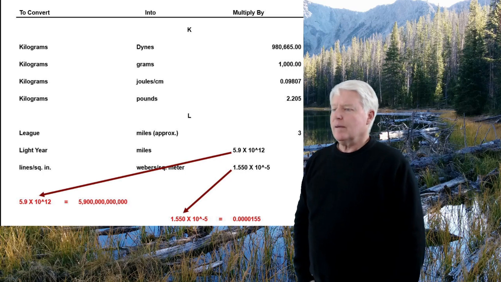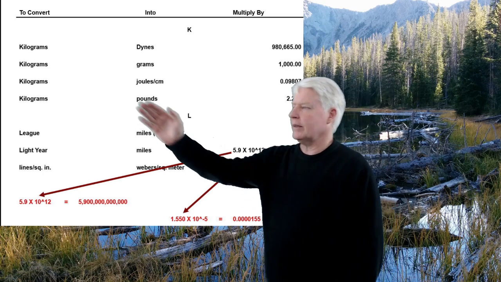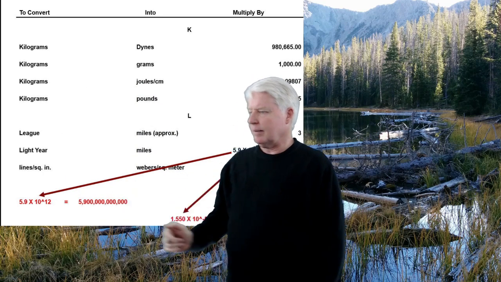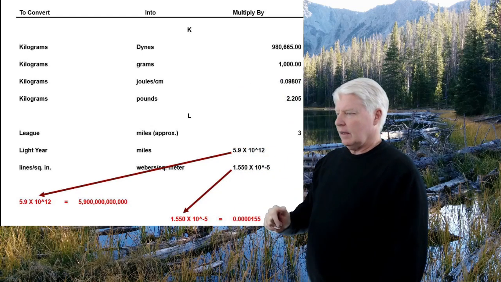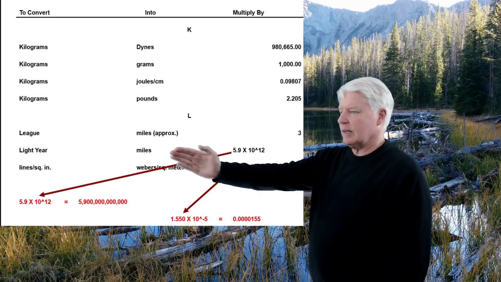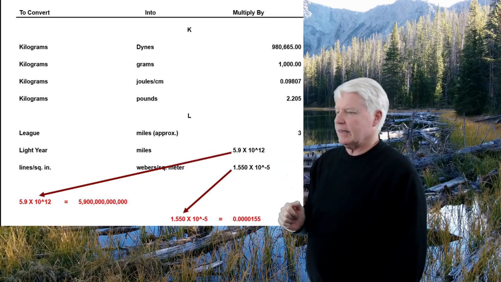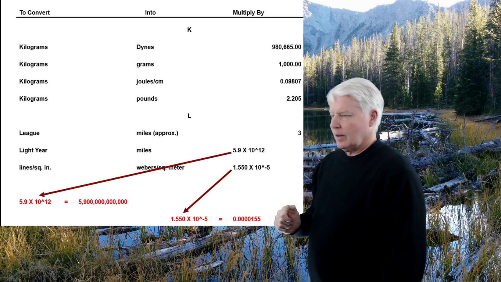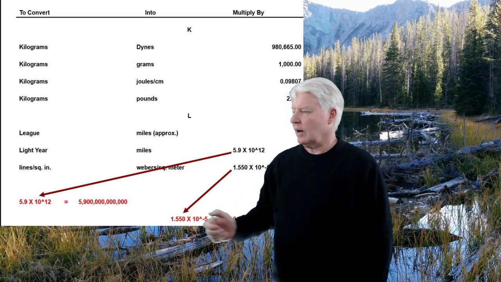This is another one where you can look up and say, I want to convert, what am I looking at here? Wow, light years, huh? I want to convert light years into miles. Light years into miles. Wow. That's pretty different, isn't it?